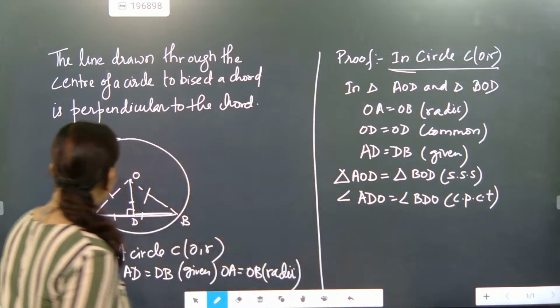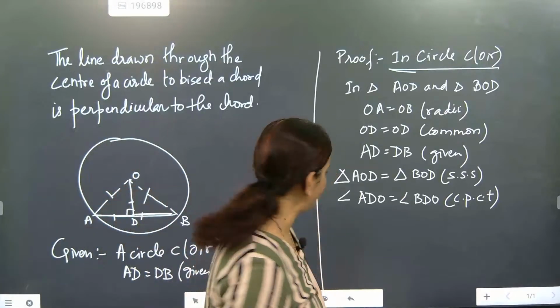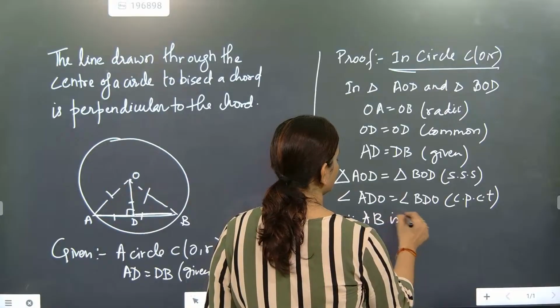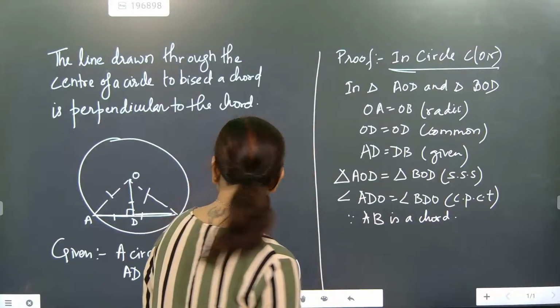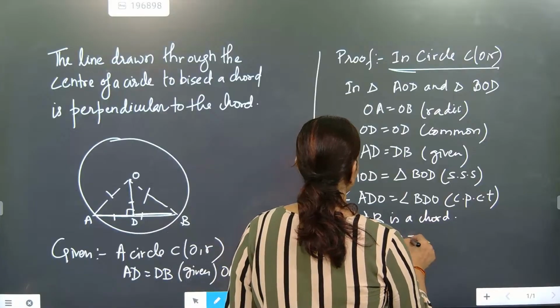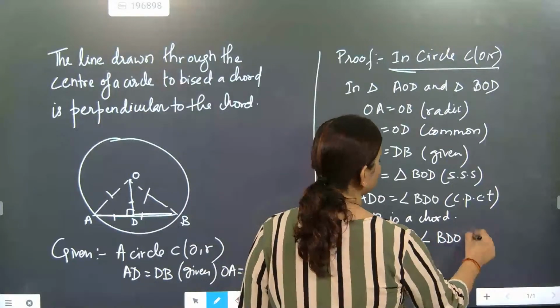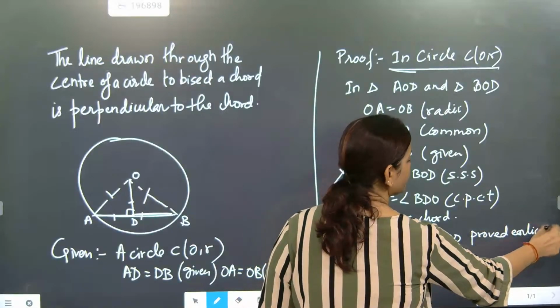Now, beta, a chord is always a line segment. So what will we say? Since AB is a chord, angle ADO is equal to angle BDO. This is proved. We have already proved this part.